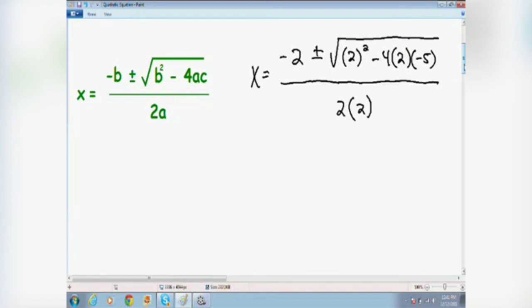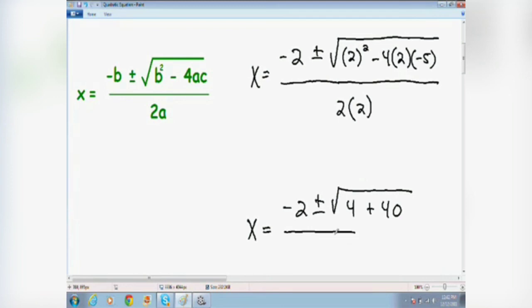So the first thing I'm going to do is just simplify the square root. I'm going to write everything else exactly the same, and I'm just going to simplify the square root. And the square root is 2 squared, which is just 4. And then we have a -4 multiplied by 2, which is -8. And -8 multiplied by -5 is +40.